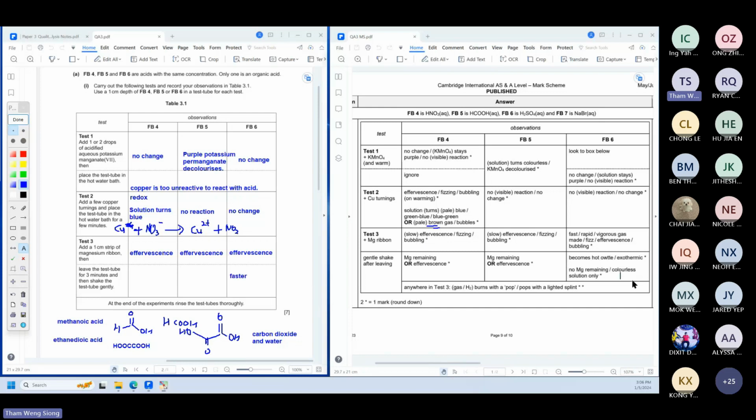This one got magnesium and magnesium. So the way it's going to work is this one will tell you that it's actually ethanoic acid. This one will tell you that it reacts with the anion to give you nitrogen dioxide, so this is the nitric acid. And this one, because it reacts faster, why? Because sulfuric acid got 2 hydrogen ions. You react faster, these 2 will be slower. So here we'll have some magnesium remaining. Here will not have any magnesium remaining. That's the idea behind it.